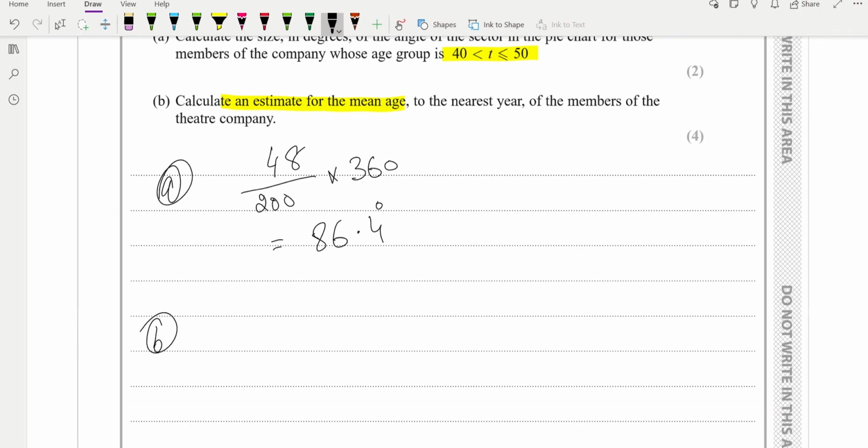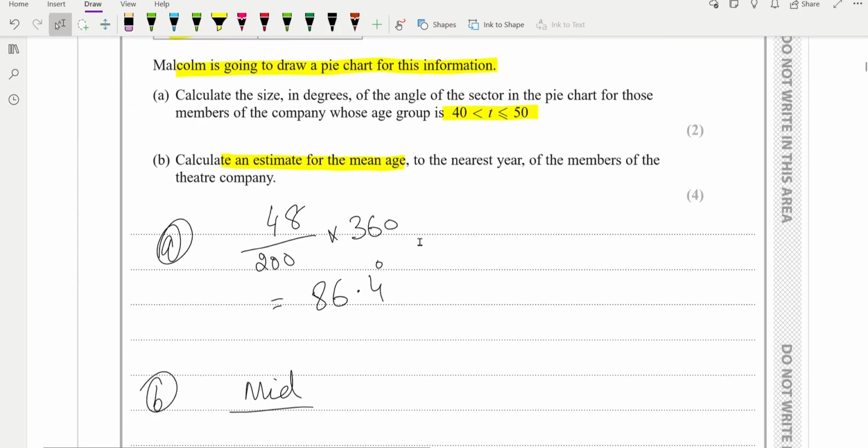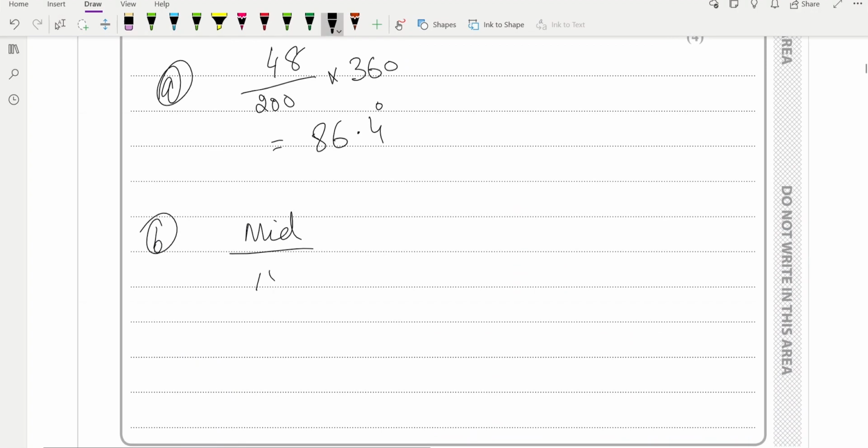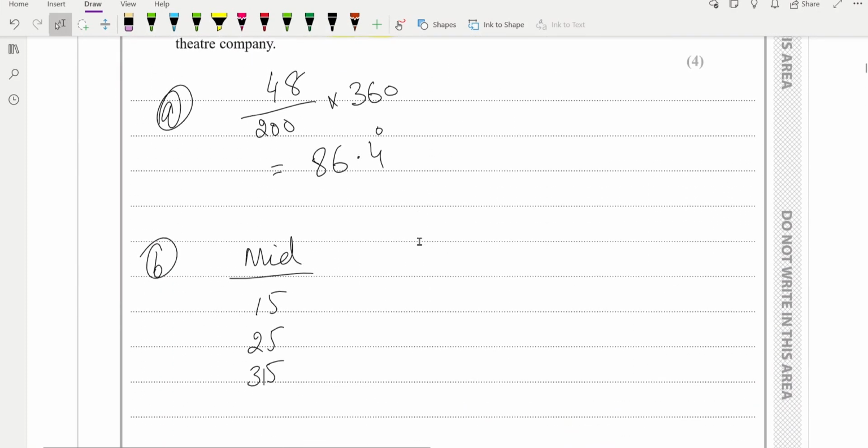Solution for B part: we first write the mid values, which we have written over here: 15, 25, 35, and the next values are 45 and 55.